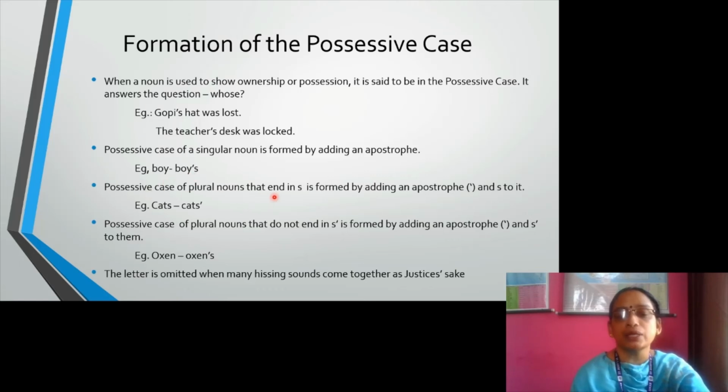Possessive case of plural nouns that end in s is formed by adding an apostrophe just after the s: boys, cats. Possessive case of plural nouns that do not end in s is formed by adding an apostrophe and s: oxen, oxen's. The s is omitted when many hissing sounds come together, as in justice' sake.